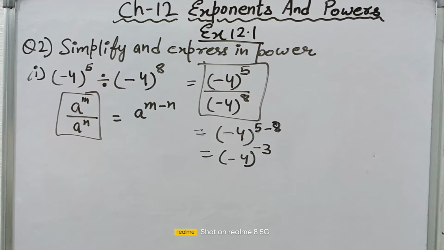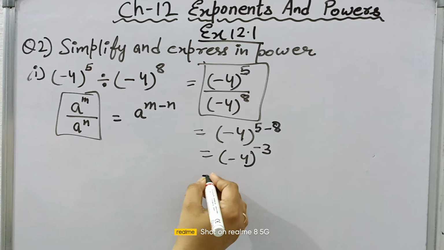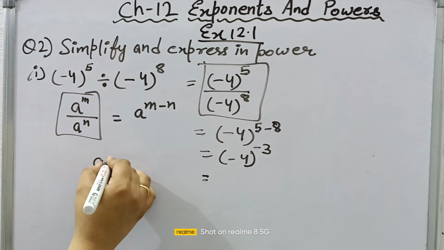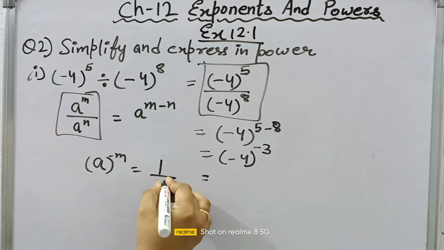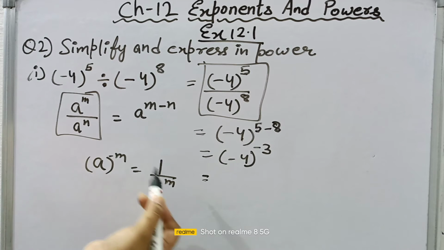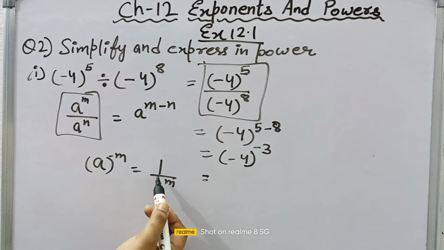Now, according to the question, we have to give the answer in positive exponent and our exponent is negative here. So what we will do? We will make it positive. We know another law that a to the power minus m is equal to 1 upon a to the power m. So that means negative exponent can be converted to positive exponent by just making it a fraction or by taking numerator into denominator.